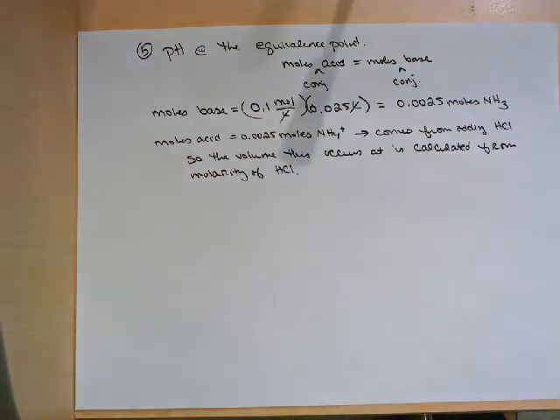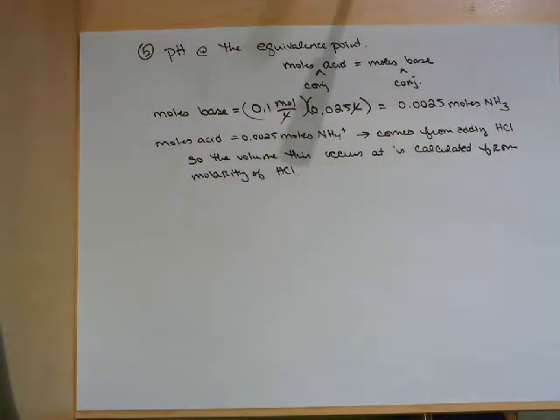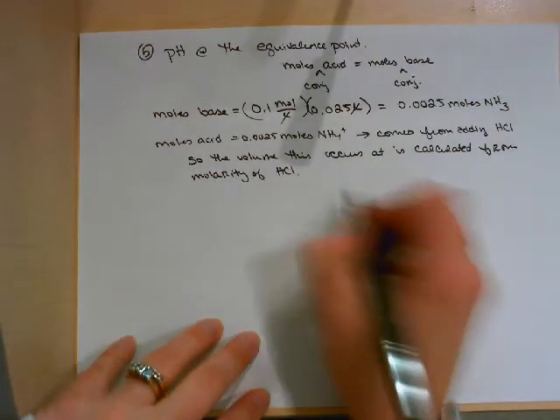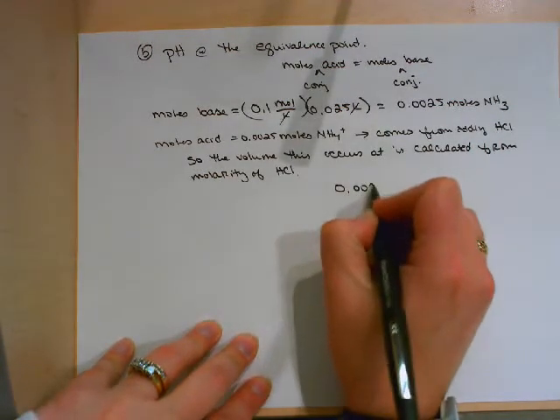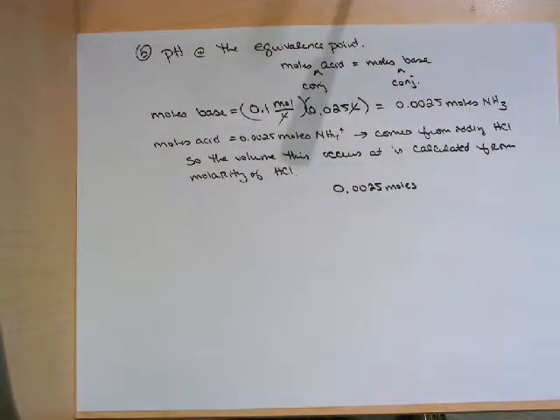So the volume is calculated from the molarity of the HCl, right? Because that's the only thing you're adding. We're not adding any actual NH4+, we're adding HCl. And every HCl you add converts an NH3 to an NH4+. Okay? So if I know I want that many moles, what do I know about the HCl that I can then figure out liters?